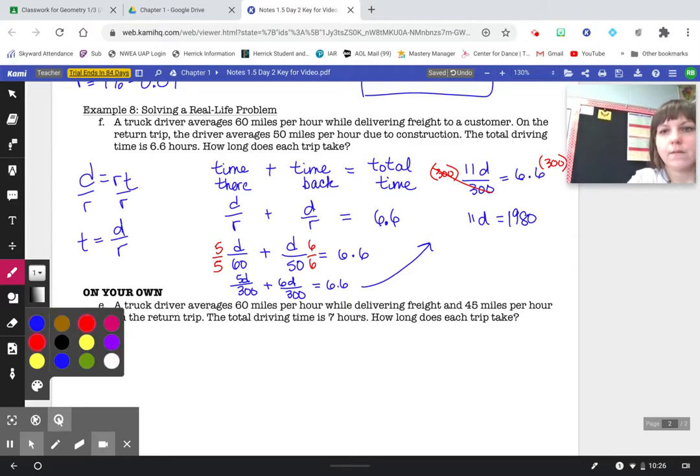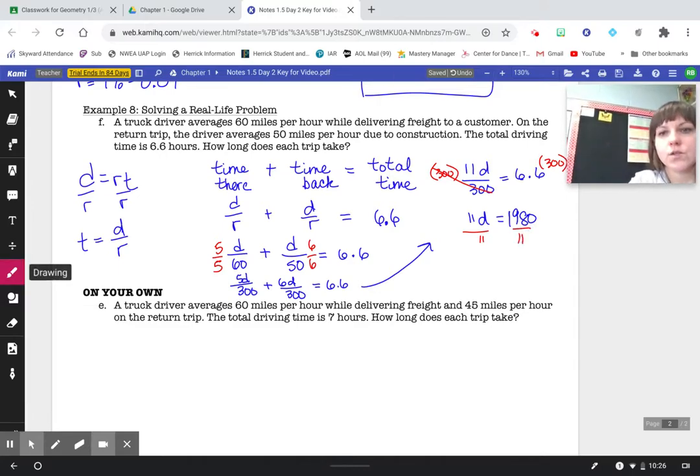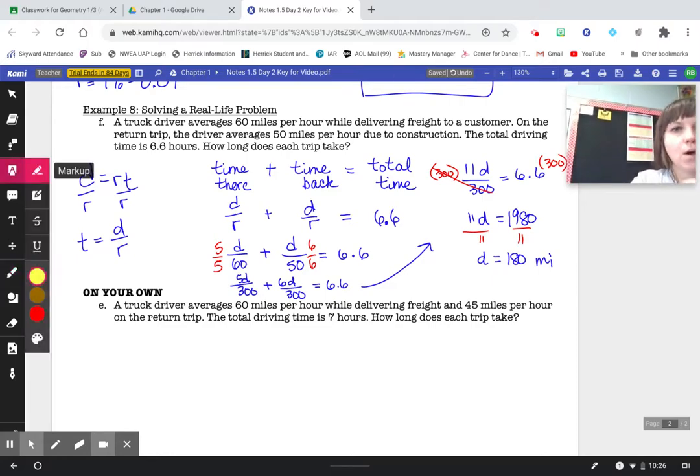When we divide by 11, we get an answer that the distance is equal to 180 miles. Okay, we have not solved the problem because the problem is asking how long does each trip take?